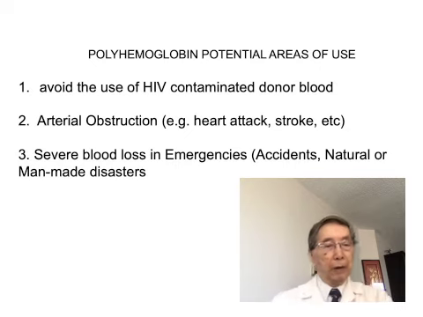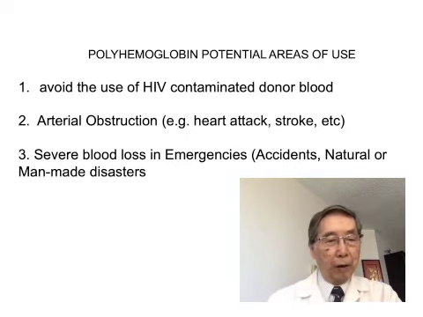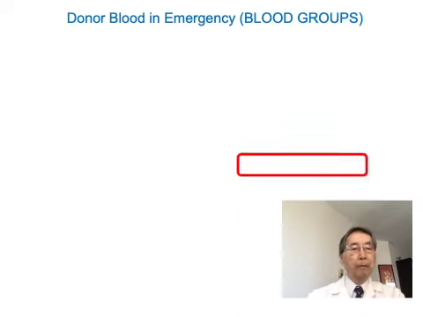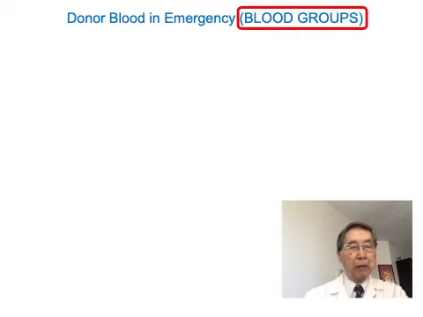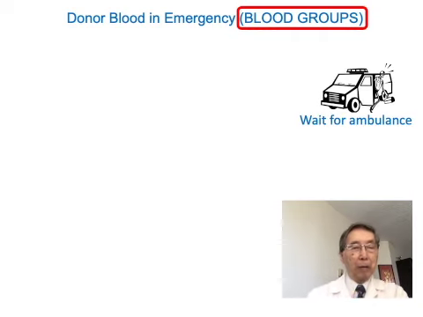Another one is in severe blood loss in emergency, accident, natural or man-made disaster. For instance, donor blood in emergency has blood group. And because of the blood group, you have to cross-match it before you can give it to the patient.